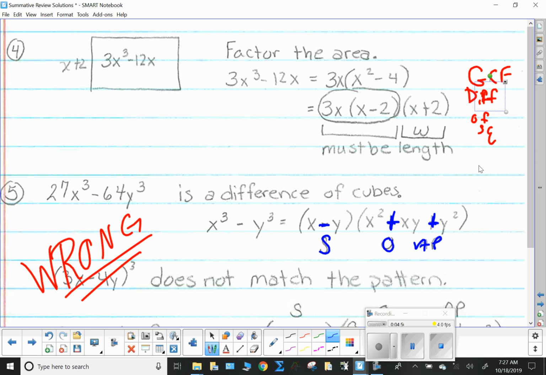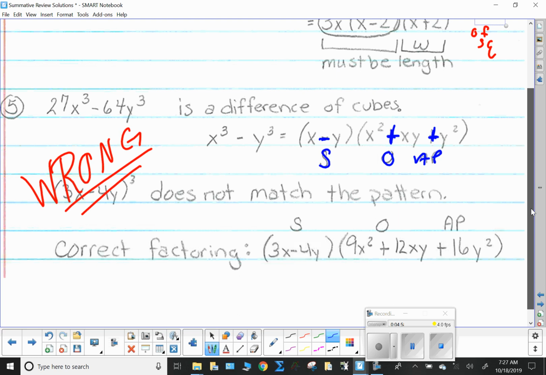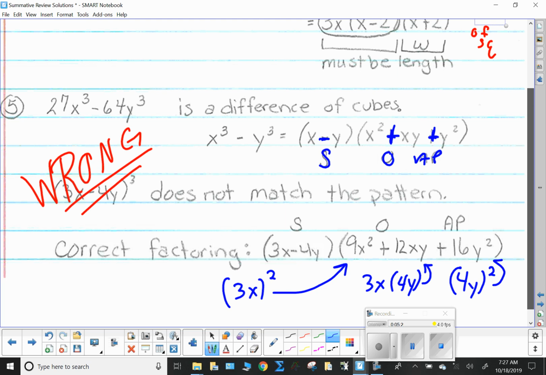So in order for this one to work, you would need 3x minus 4y, then 3x quantity squared is 9x squared. 3x times 4y is 12xy, and 4y quantity squared is 16y squared.